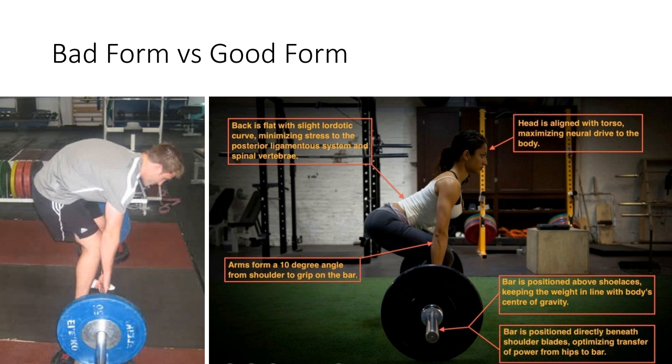These two pictures show an example of bad form versus good form when weightlifting. You can see that when you have good form, the back is slightly flat, the head is aligned with the torso, the arms are at a slight angle, and the bar is positioned just above the shoelaces, giving a straight up and down.